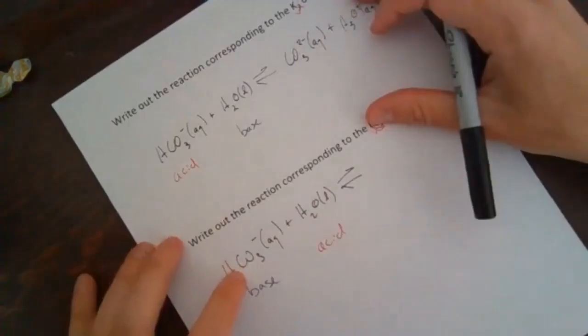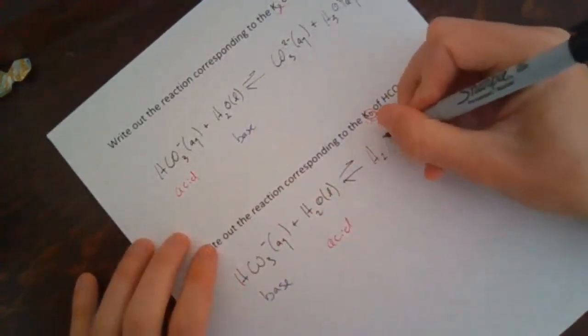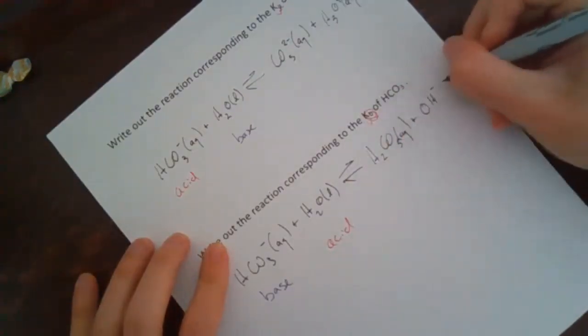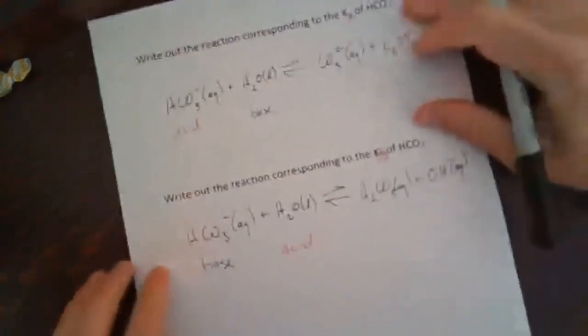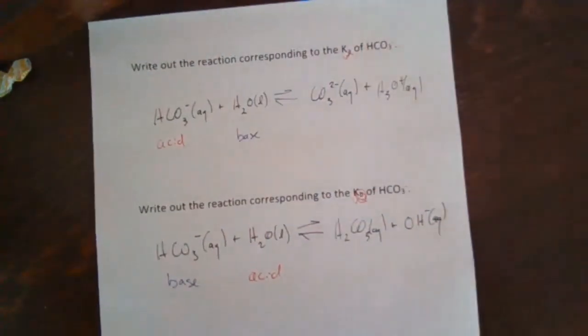And so if this thing is a base, it would be accepting an H plus from the water. You get H2CO3 aqueous plus hydroxide. So this is, again, just like the stereotypical acid reaction in water, the stereotypical base reaction in water, where that molecule is reacting with water, taking away an H plus from the water to produce hydroxide.